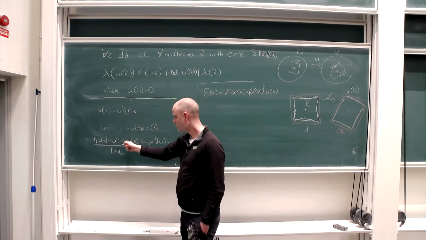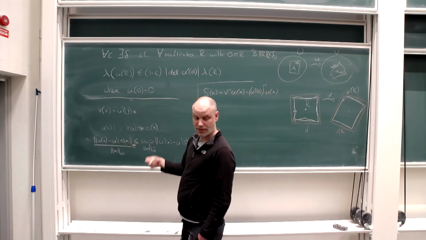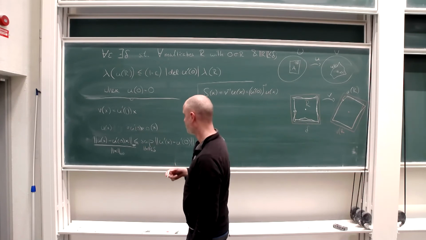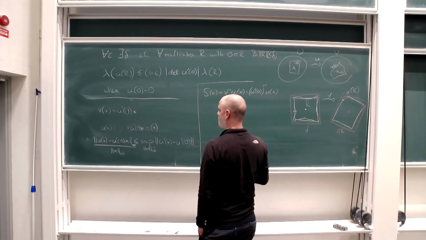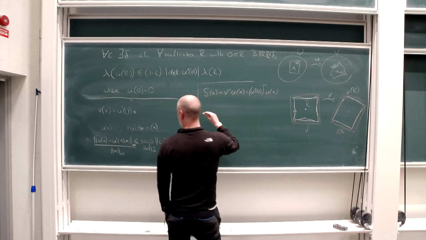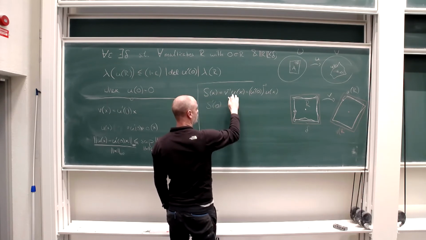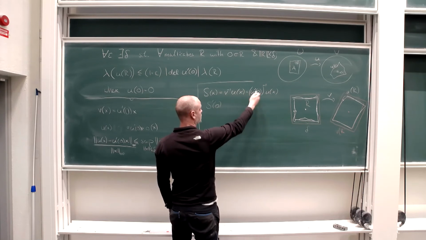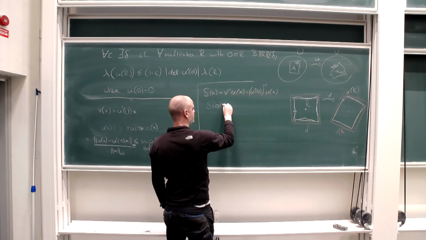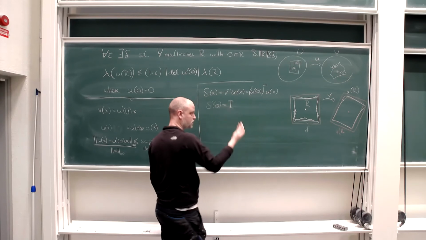And now we're going to use this formula here on S instead. Now, what's S prime at 0? Well, here I get U prime at 0, and then the inverse of that, so that's the identity, right? Which is good.